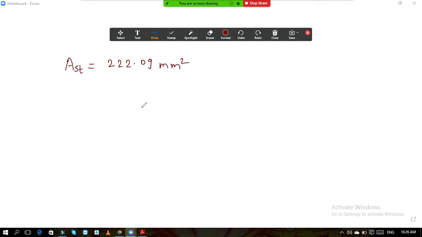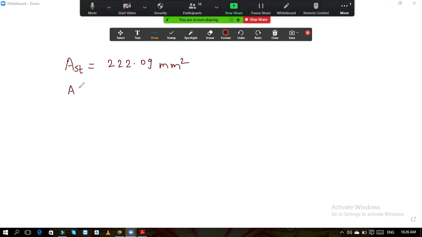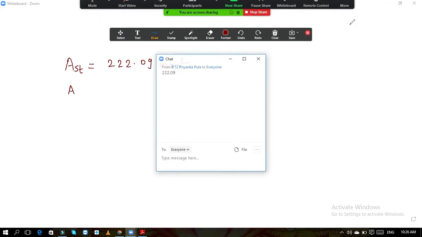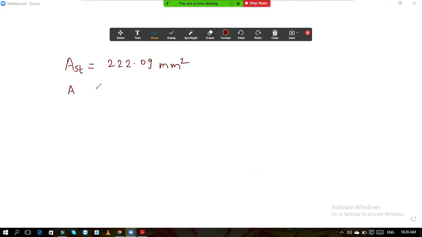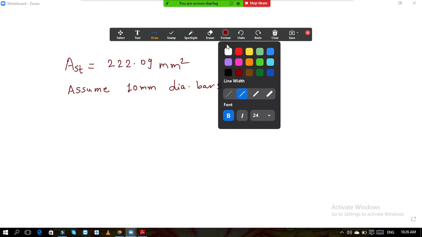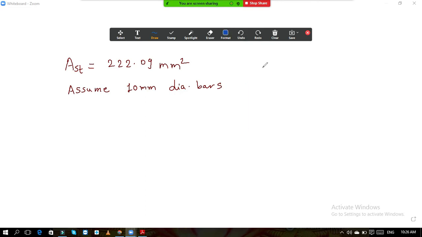Okay, so now Ast is 222.09 mm square. After the calculation of Ast, we will assume for slab 10 mm diameter bars as main steel reinforcement. Now we have assumed 10 mm diameter bars. Then we will calculate the number of bars first.